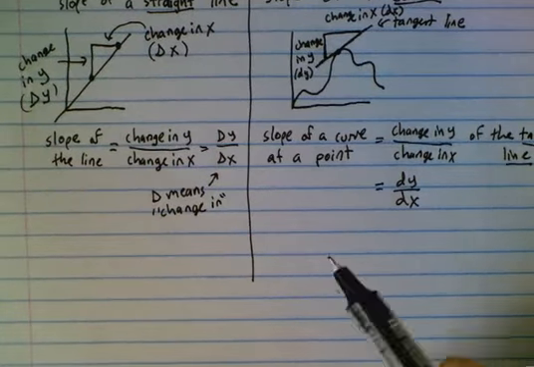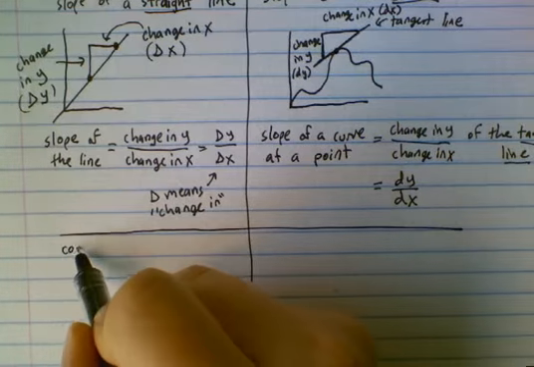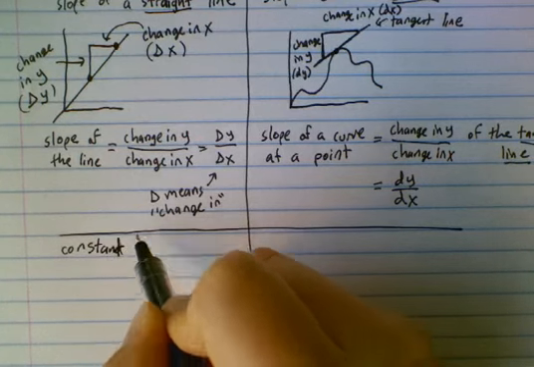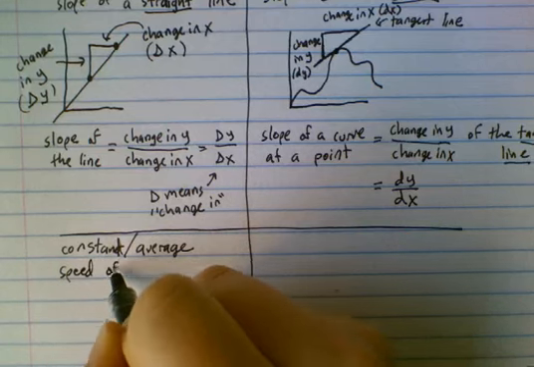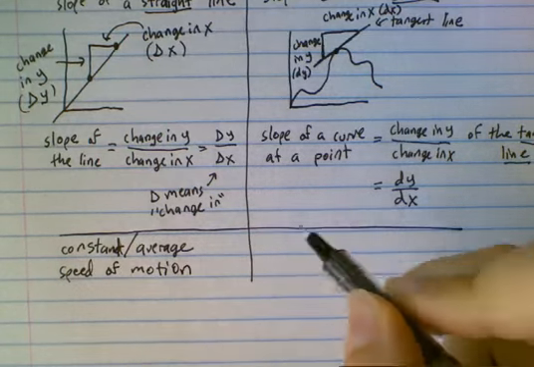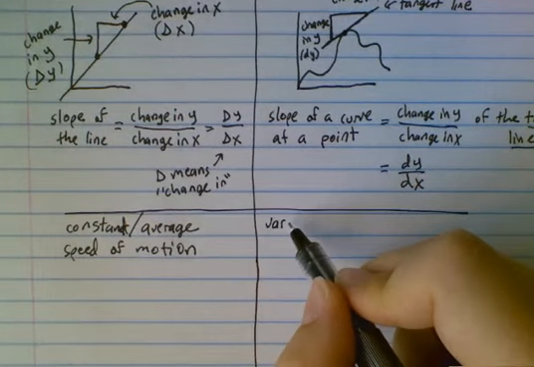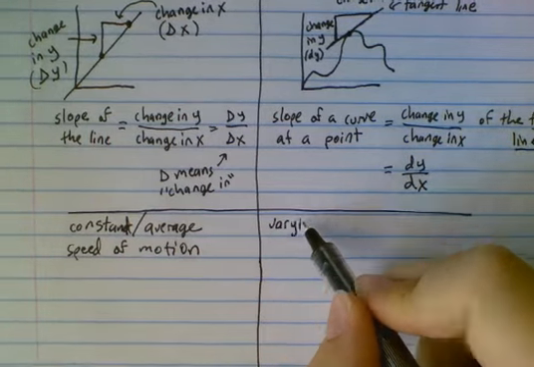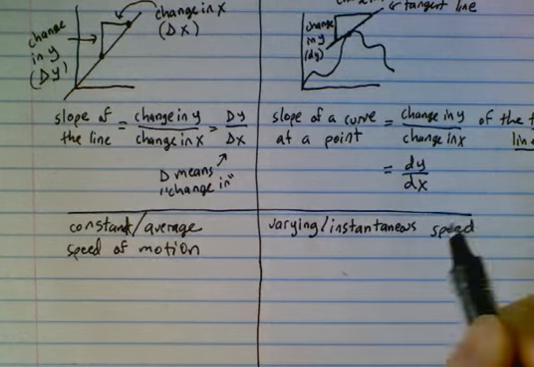Okay, another change for calculus versus precalculus. Precalculus deals with a constant, or average, speed of motion. Calculus deals with varying, or instantaneous, speed of motion.